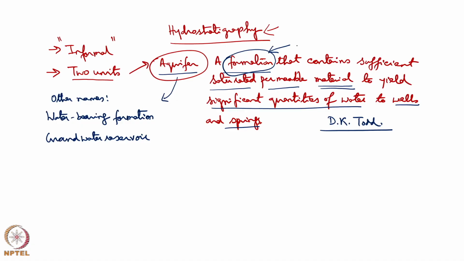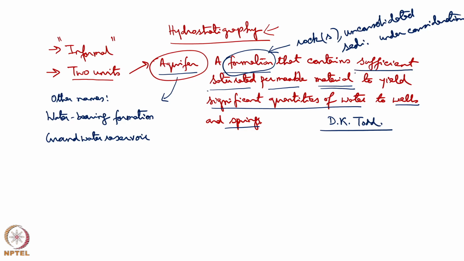Here formation means rock or rocks and unconsolidated sediments, if any, under consideration. So, any rock or unconsolidated material that contains sufficient saturated permeable material. Sufficient means how much? No quantitative definition is given.